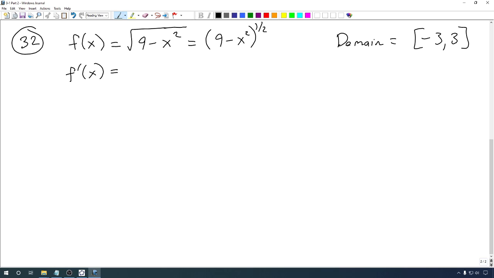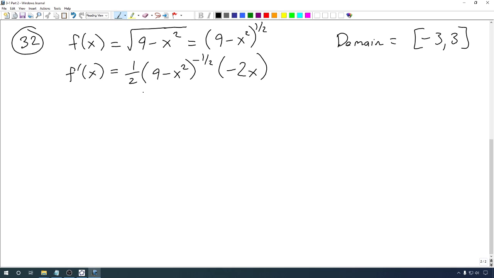I'm going to stop referring to it as the general power rule and just refer to it as the chain rule at this point. We're going to bring down that 1/2. We're going to reduce that power by 1. So 1/2 minus 1 gives us a -1/2. But we also have to multiply by the derivative of the inside function. Derivative of 9 minus x squared, well, the 9 goes away, but the minus x squared becomes a minus 2x.